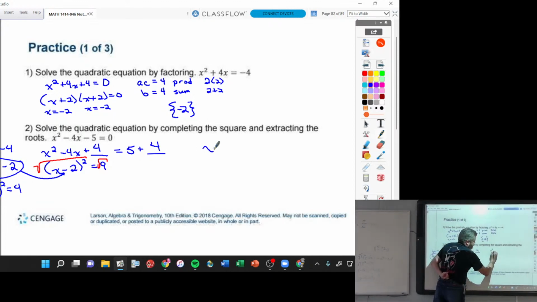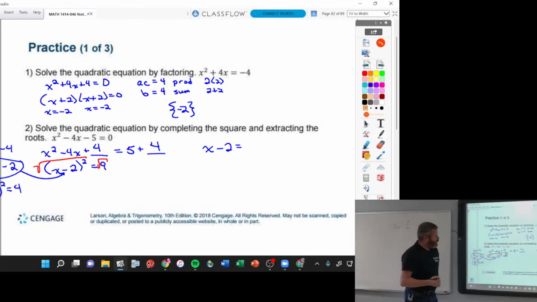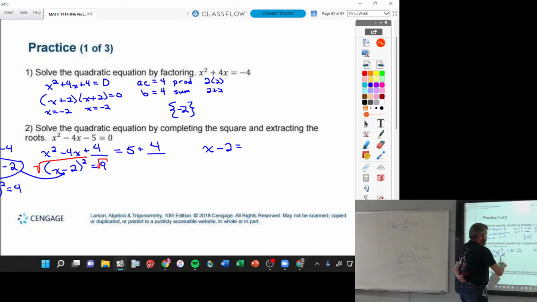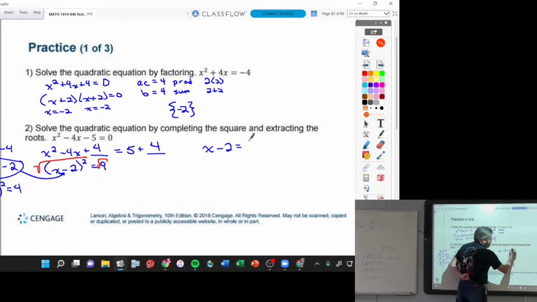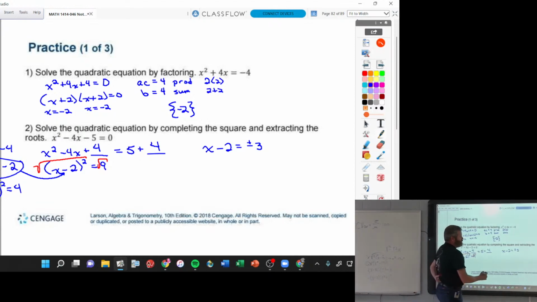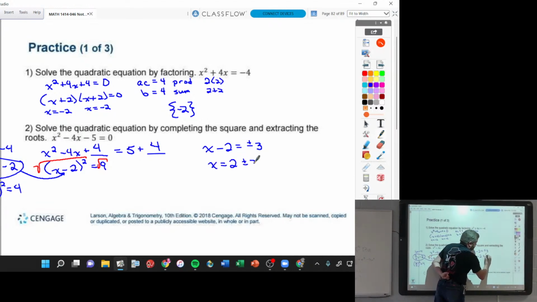Doing so gives me x minus 2 equals, and remember, because we're solving a quadratic, the square root of 9 is going to be plus or minus this time. 9 is a perfect square, so it's plus or minus 3. I will add 2 to both sides, so x equals 2 plus or minus 3.